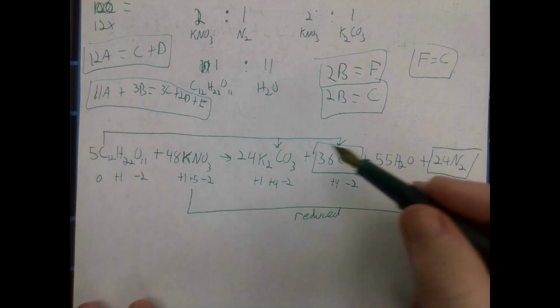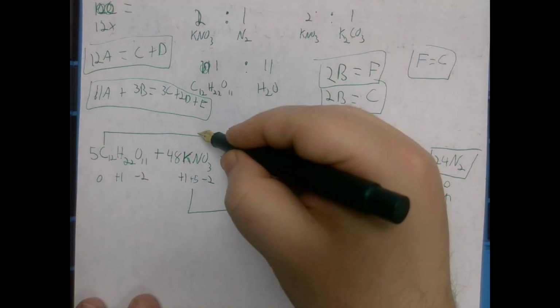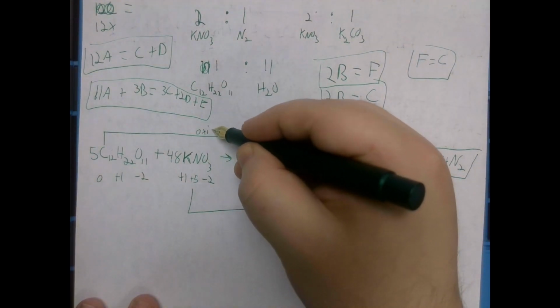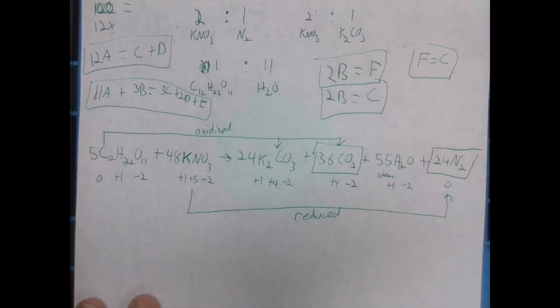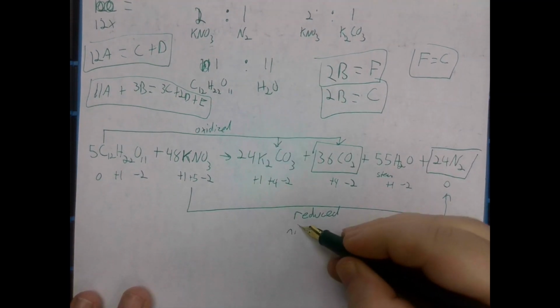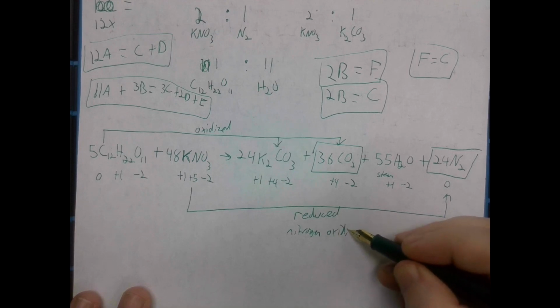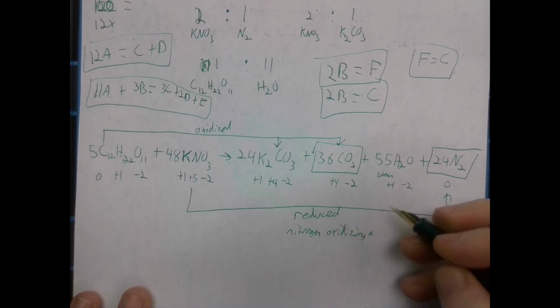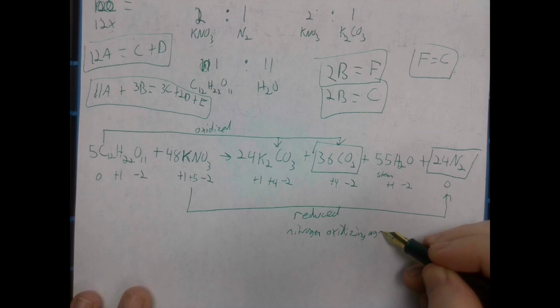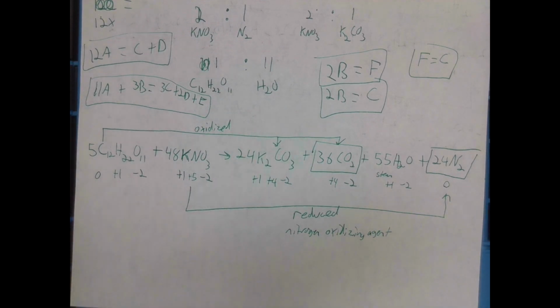All the carbon is going to +4, so it's being oxidized. Thus, nitrogen is our oxidizing agent. It's oxidizing the carbon. You would think it would be oxygen given how many oxygens are in there, but there's no O2 anywhere.